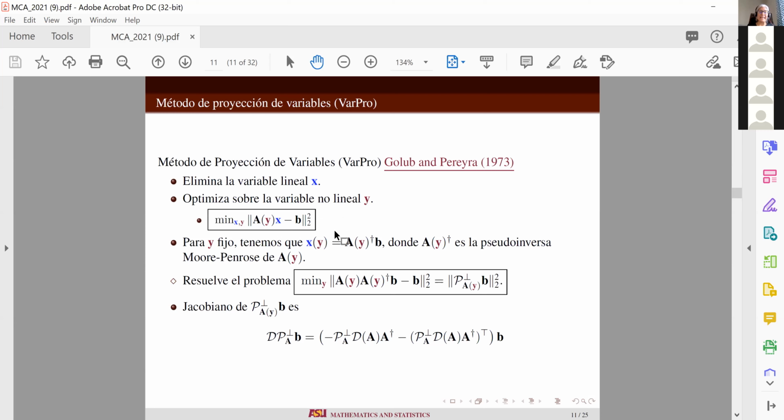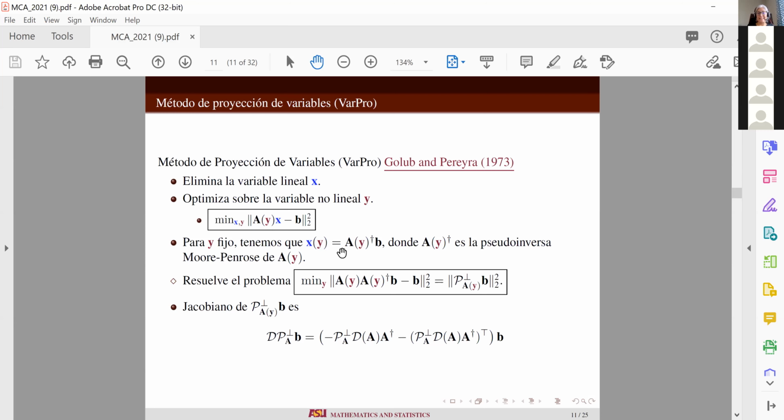And they said, well, we should take advantage of that because linear problems are much easier. So moreover, the solution for y fixed has a closed form, right? So the solution of this problem for y fixed is just this. For y fixed, you can state the normal equation and say who is x.